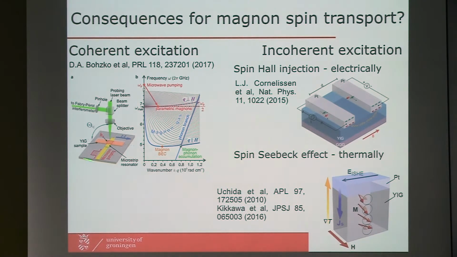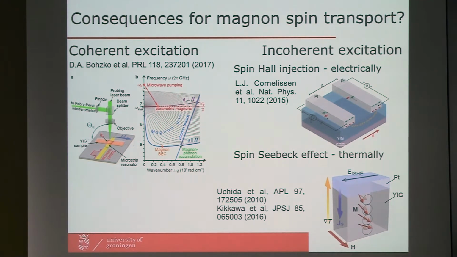They have a YIG sample and excite it with microwaves via parametric pumping, and then you can indeed detect the accumulation of hybrid quasi-particles at the anti-crossing between the phonon dispersion and the magnon dispersion.